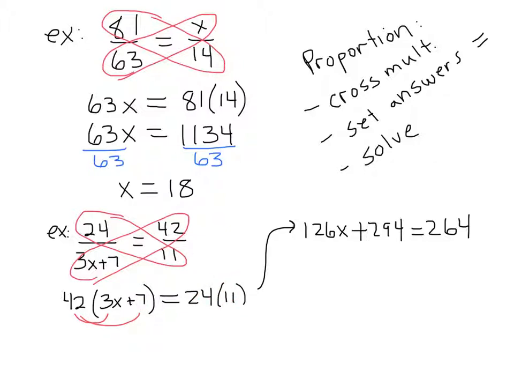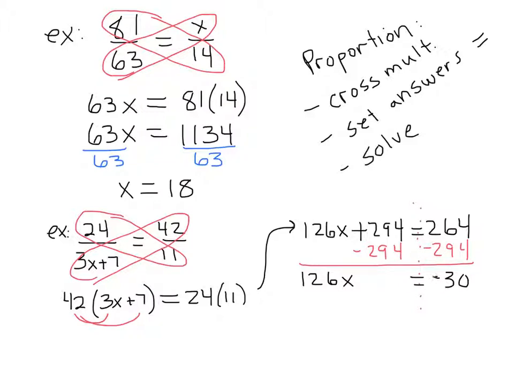Now I need to get x alone. So I'll subtract 294 from both sides of the equal sign. Bring down the 126x. The 294, take away 294 is gone. 264, take away 294, negative 30.